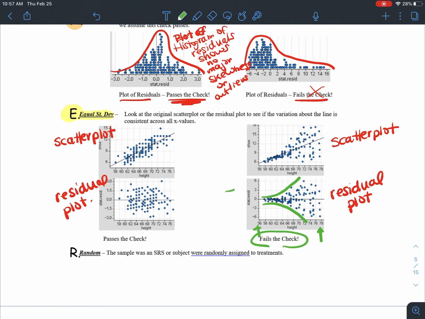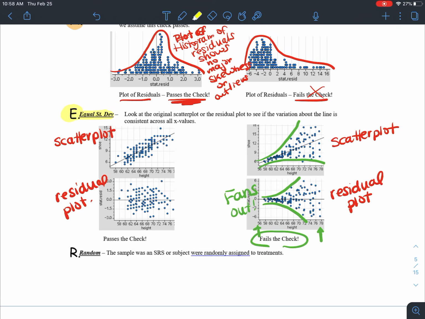So this fans out. You can kind of see that fan happening. I don't have the same variation for small values of x as I do for larger values of x. Whereas here, this feels pretty consistent. I'm not seeing that fan approach. You can see the fan from the scatter plot by itself, but it's a little bit more apparent in the residual plot.